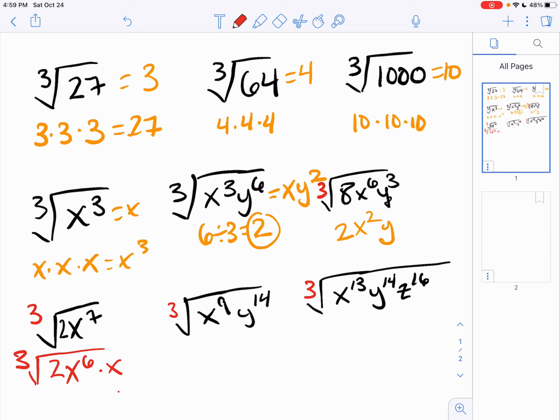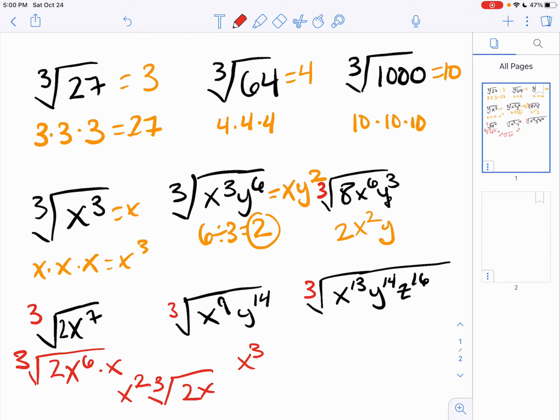So I can take out the x to the 6th as x squared, and then I still have my cubed root, and inside here I have 2x left.